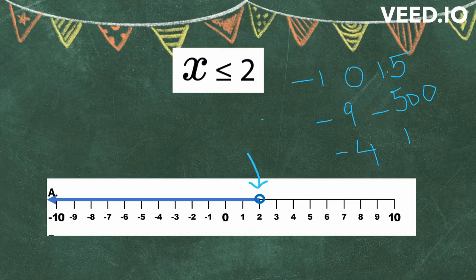It can be 1 also. But how about 2? Can x be 2? Think about it. We said x lesser than or equal to 2, which means x can hold a value of 2. So we have to shade that circle here.